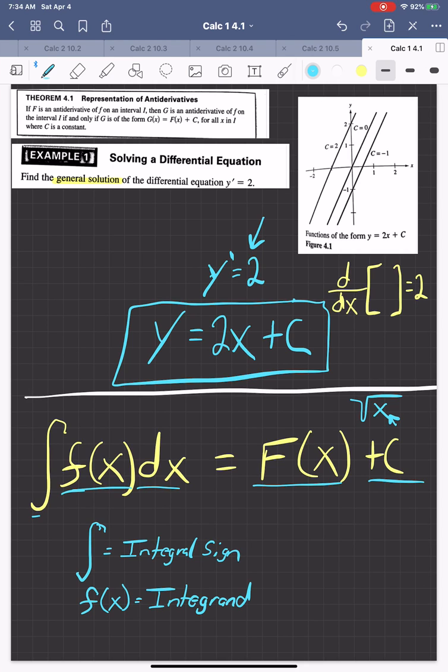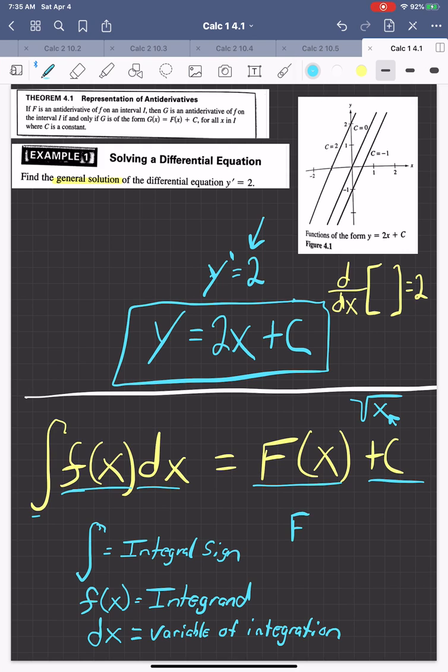So f of x is the integrand. The dx is the variable of integration. Just like when you take a derivative, you have to take a derivative with respect to something. If you're going to integrate, you have to integrate with respect to a variable.